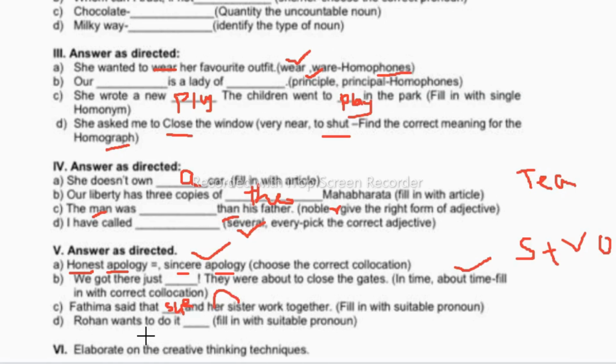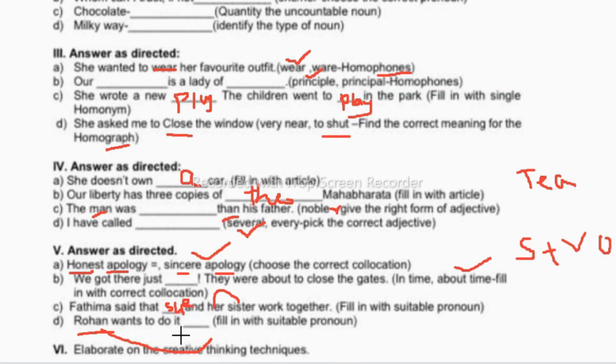Next one, Rohan wants to do it dash. Fill in the blanks with a suitable pronoun. Now here you have to write a reflexive pronoun, like I want to do it by myself, I cook this by myself. So here first you need to write a subject, then this subject will reflect on the reflexive pronoun. So Rohan, if we change it into a pronoun, what will it become? Rohan will become he. So this he will change to himself.